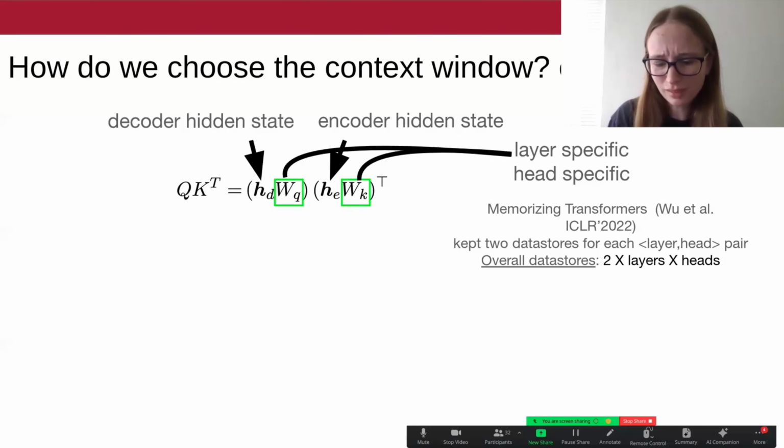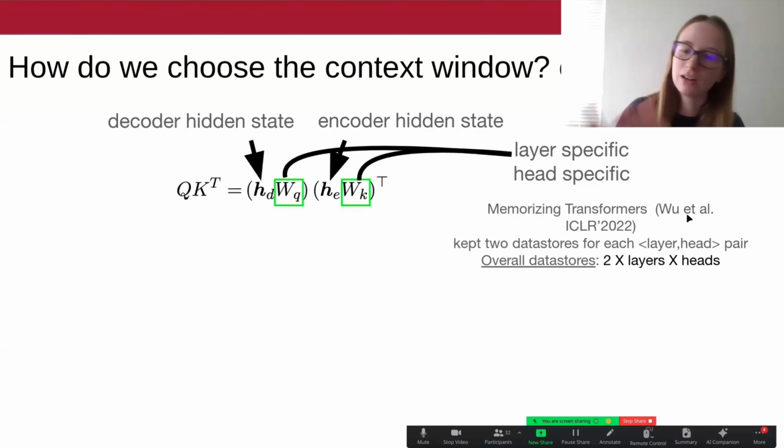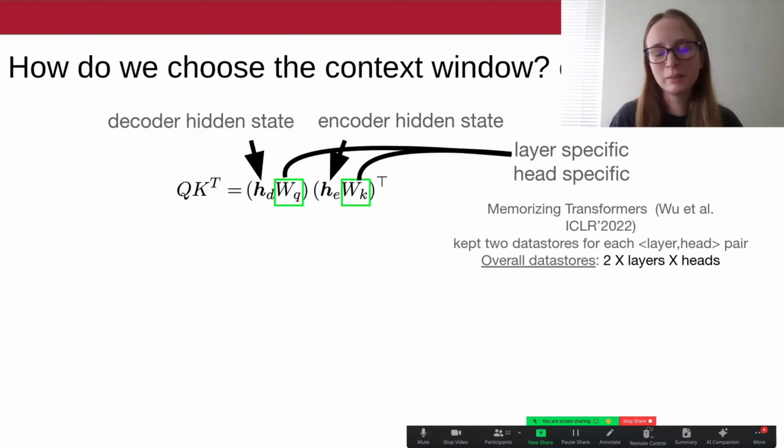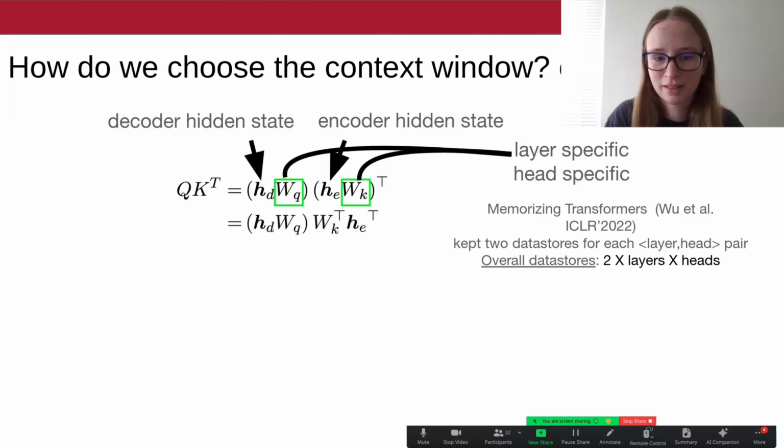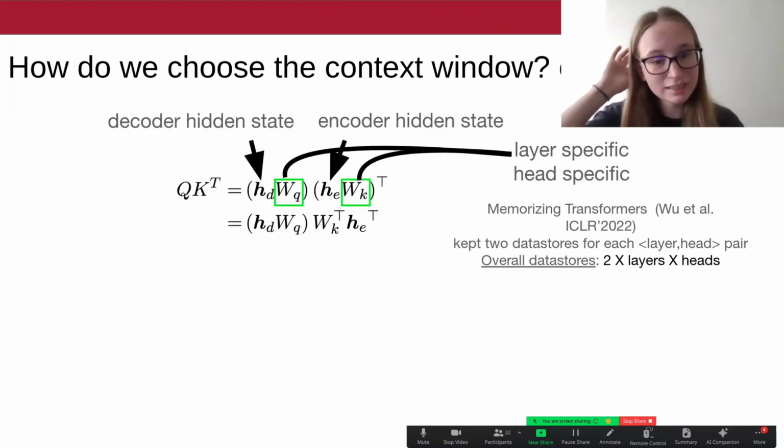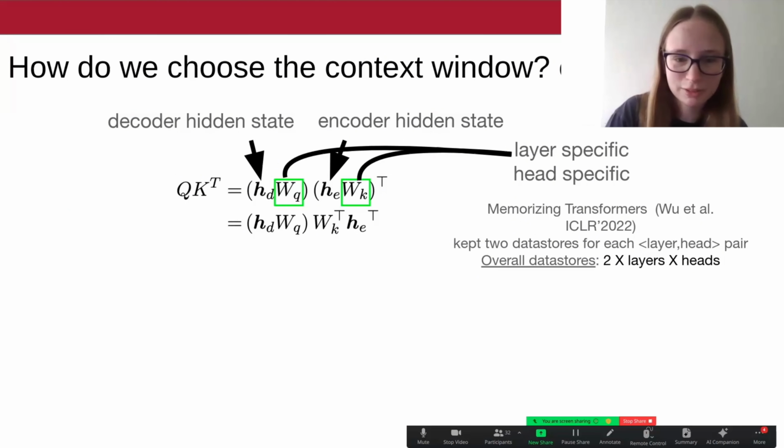So previous work had only been able to augment the model with a little bit of retrieval, maybe a layer, maybe half a layer, because you need to keep these data stores. If you're storing 500,000 embeddings times 2 times the number of layers times heads, you're adding up your memory requirements pretty quickly. What we did instead is a dead simple, in retrospect, rewriting of this equation.